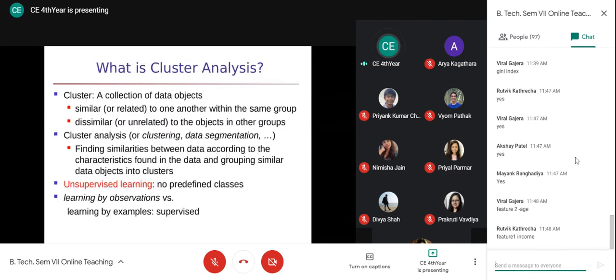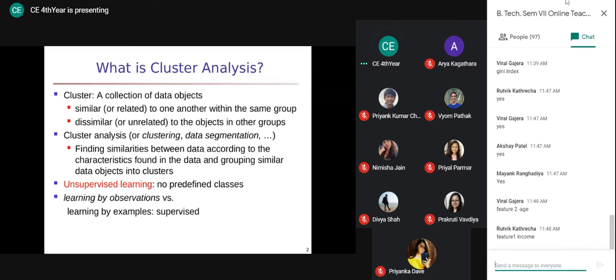So if we begin with the discussion, first thing, cluster. A cluster is just a collection of data, or you can say a collection of objects, or whichever examples that you have. From those examples, you are supposed to create a number of clusters or groups, such that for a particular group we need these two things.